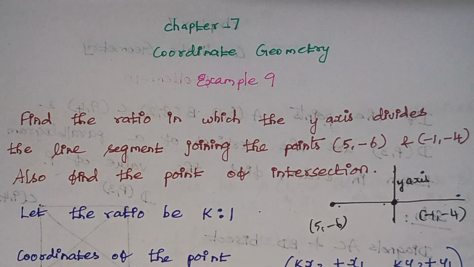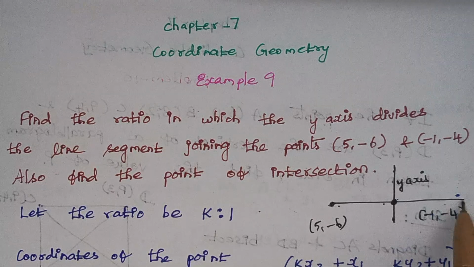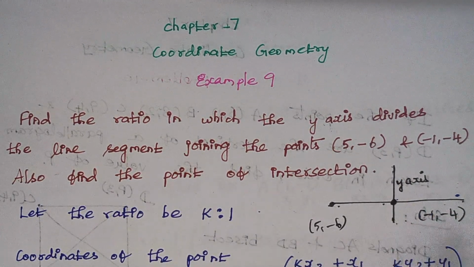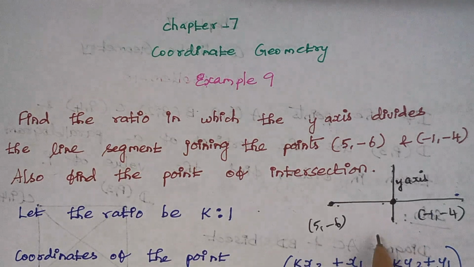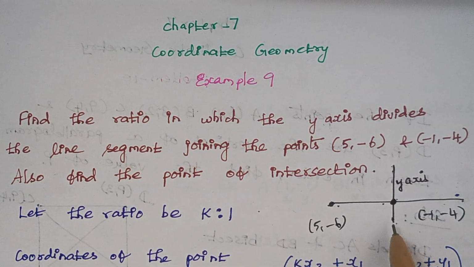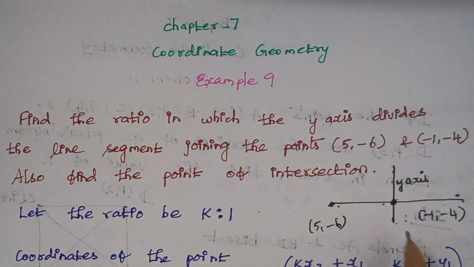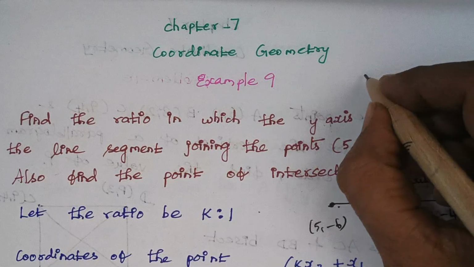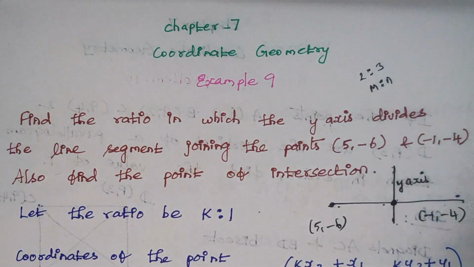I hope you understand the problem, right? This is the line segment and the y-axis divides the line segment. We have to find the point of intersection. And you see, here in this problem, the ratio of intersection is not given. Usually, we will denote the ratio as m is to n, right? There will be some numbers given, some 2 is to 3, something like that.